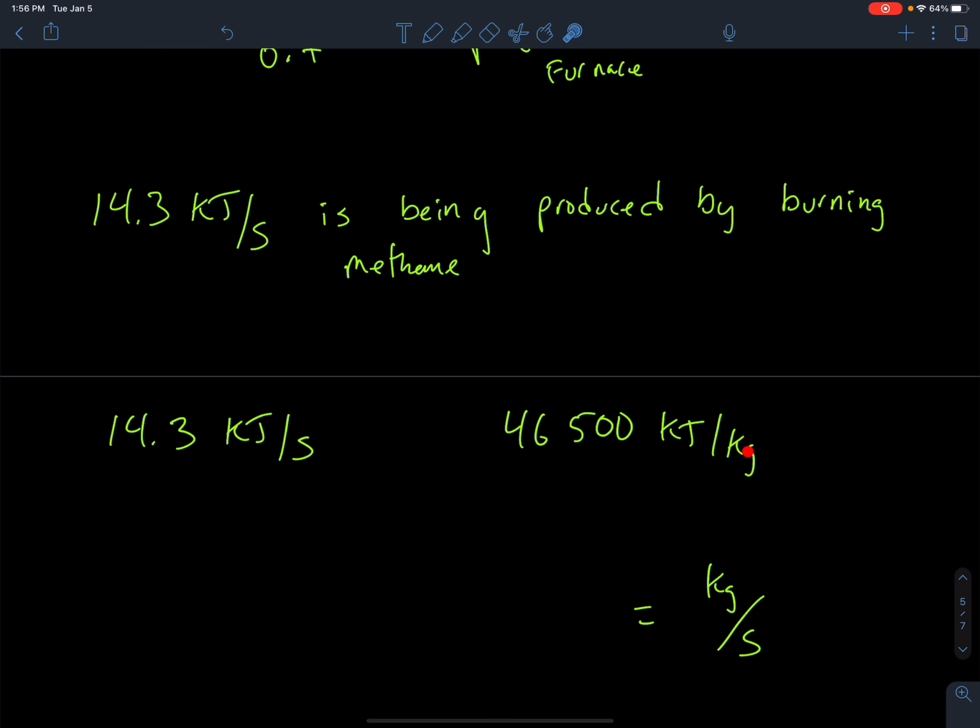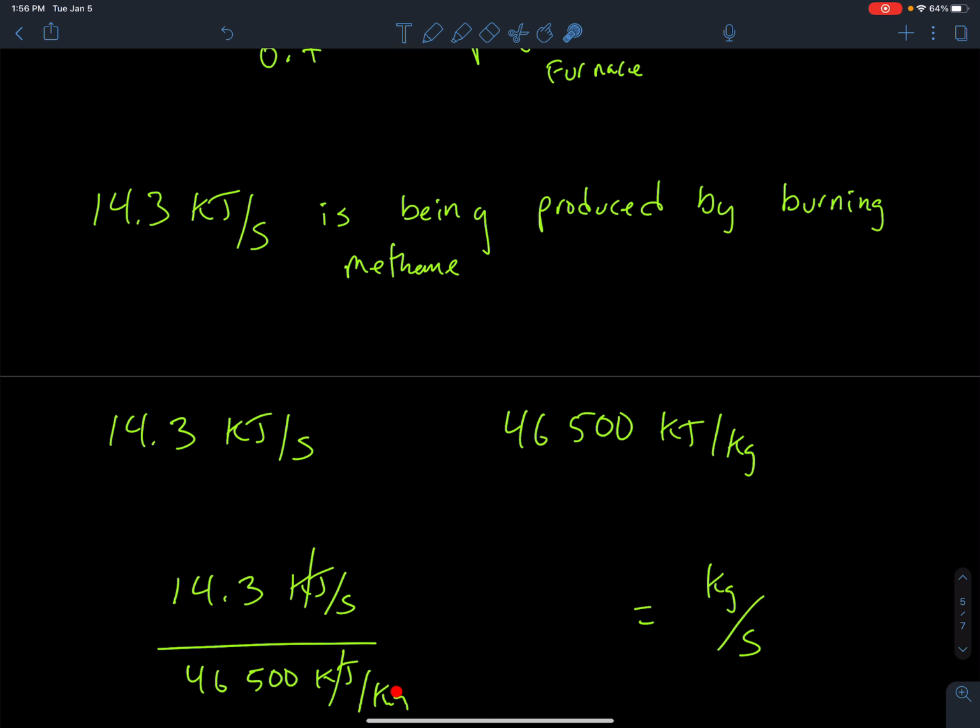Well, kilograms needs to be on the top. If I take this number and divide it by that number, the units cancel to give my answer. So 14.3 kilojoules per second divided by 46,500 kilojoules per kilogram. The kilojoules cancel out, the kilogram goes to the top, and seconds go to the bottom. That gives me units of kilograms per second.